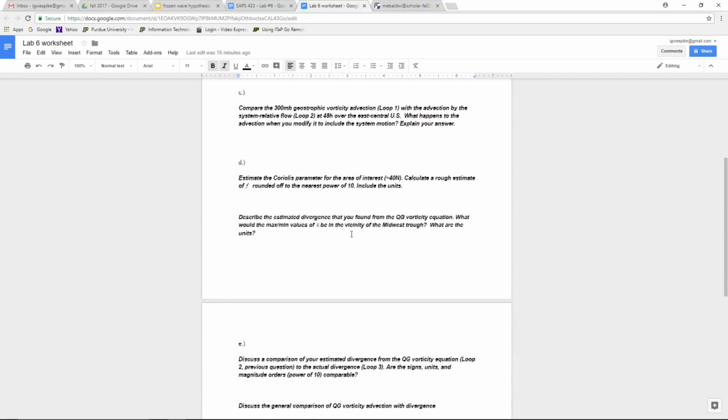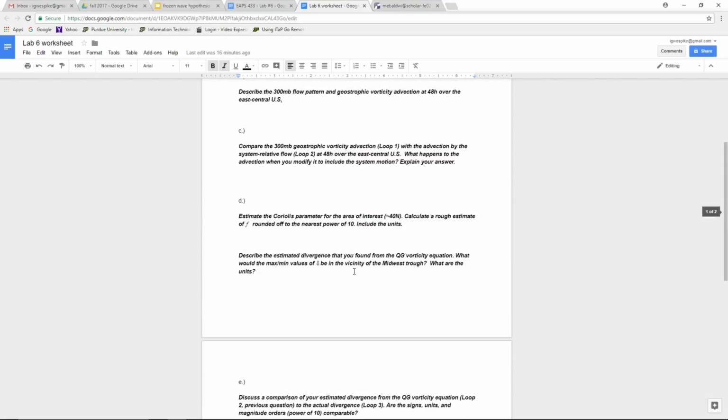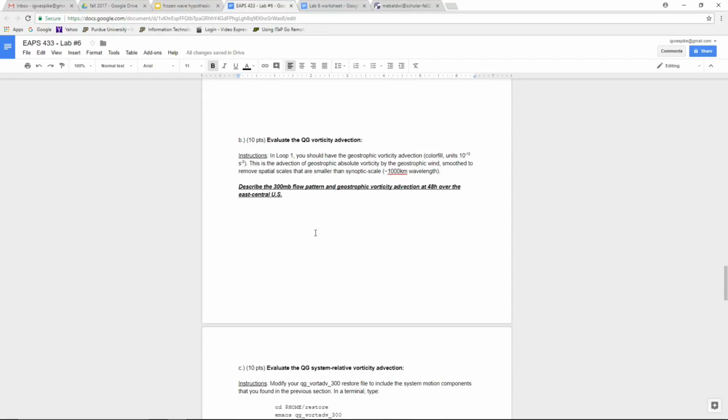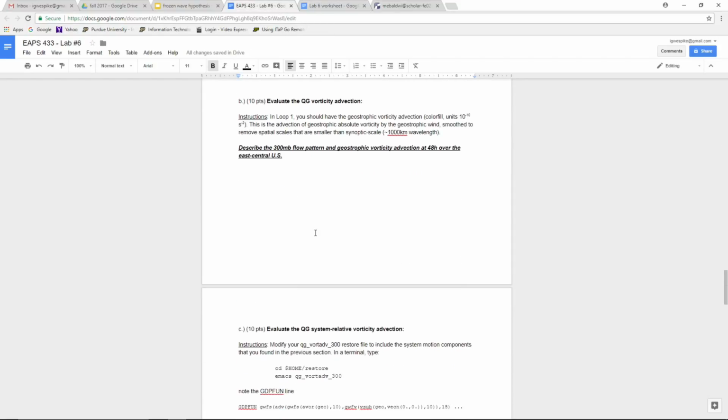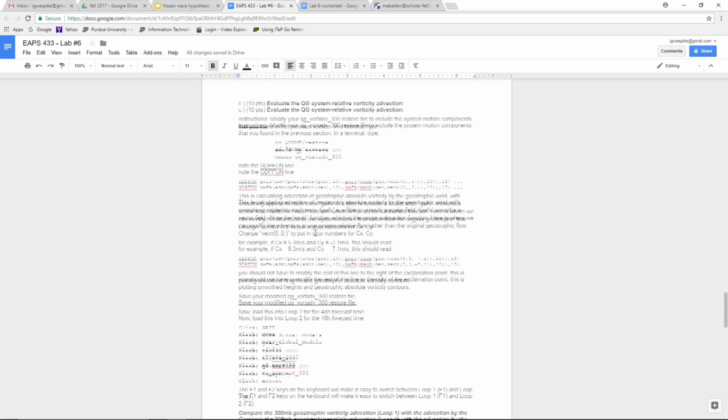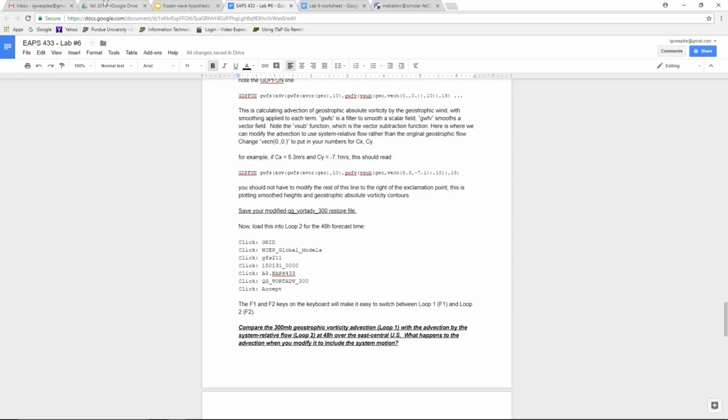So the worksheet basically are the questions you need to answer, and the lab sort of steps you through the different parts of this system relative flow analysis and calculation.